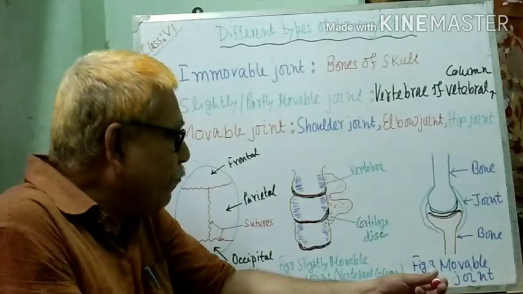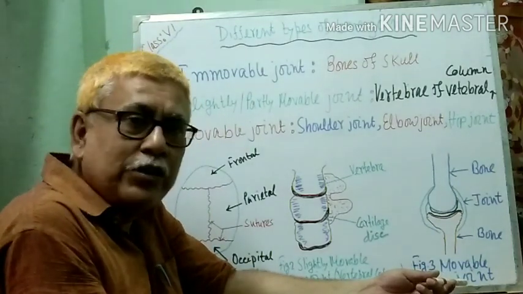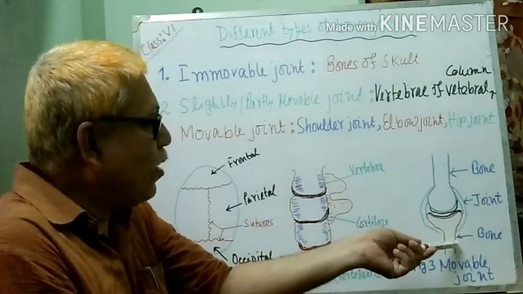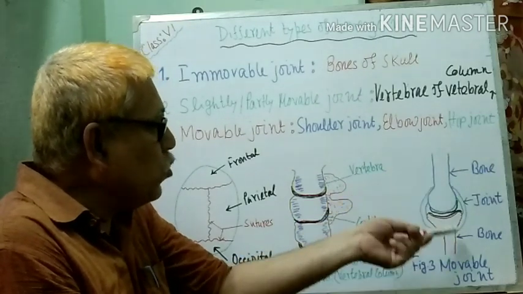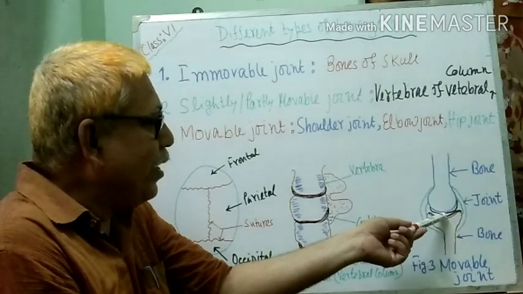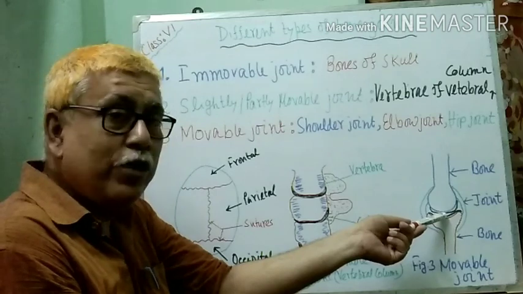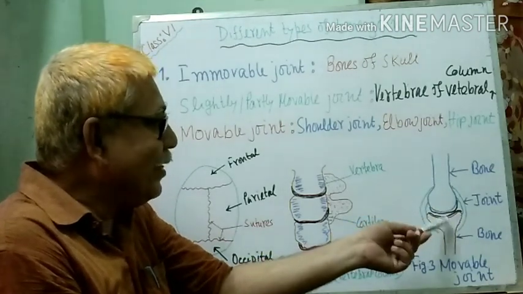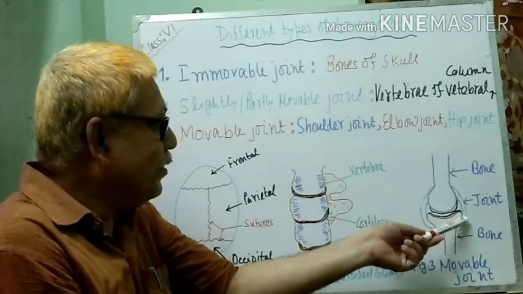And look at this figure 3. Here is a movable joint or synovial joint. This is one bone and this is one bone. These two bones are connected here. This is the synovial space. Here we find a fluid called synovial fluid. This is ligament, we studied earlier.